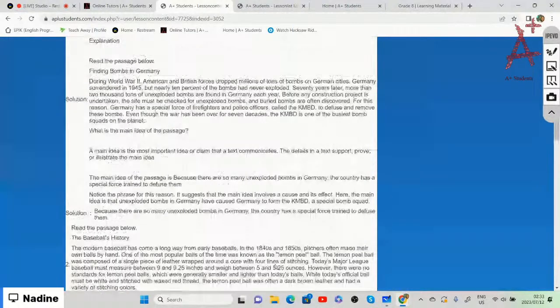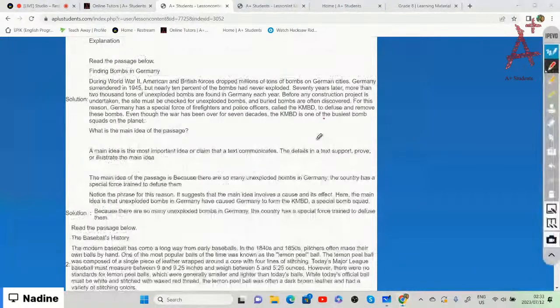Within essays, you give a brief overview of your topic in your introduction. Once you write paragraphs or essays, there needs to be a main idea. So there needs to be main ideas within passages. The question is, what is a main idea? A main idea is the most important idea or claim that a text communicates.